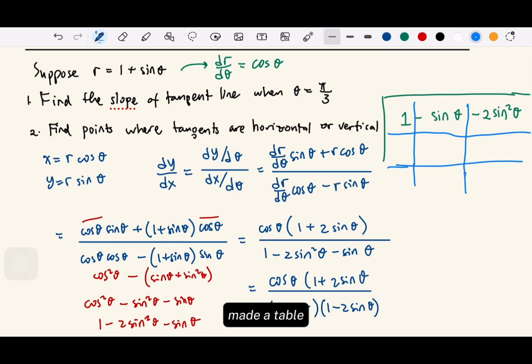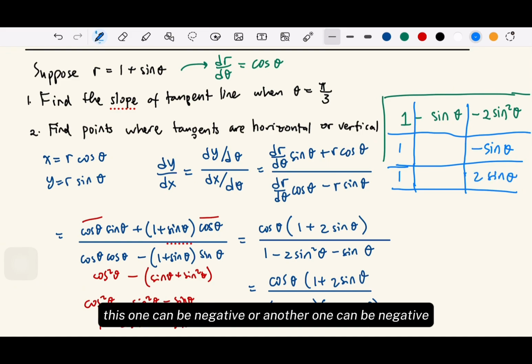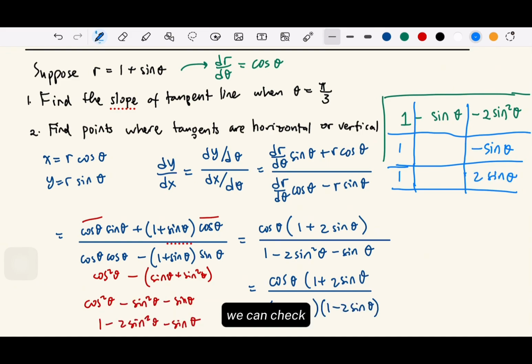I think we agree that for 1 we can have 1 and 1, no other numbers that can make it. And then for this one we can have sine theta and 2 sine theta, and this one can be negative or another one can be negative. We can check.